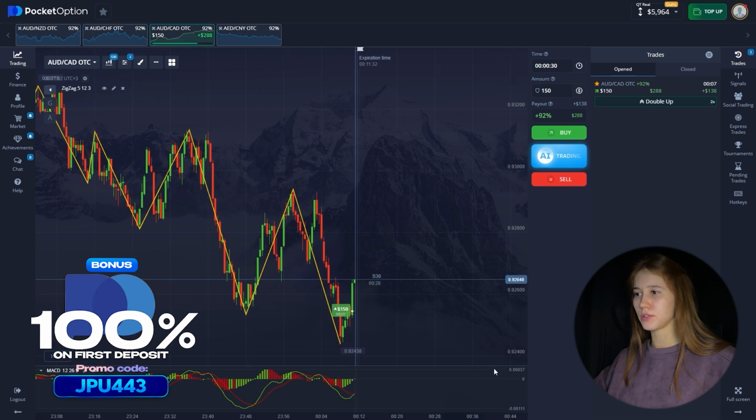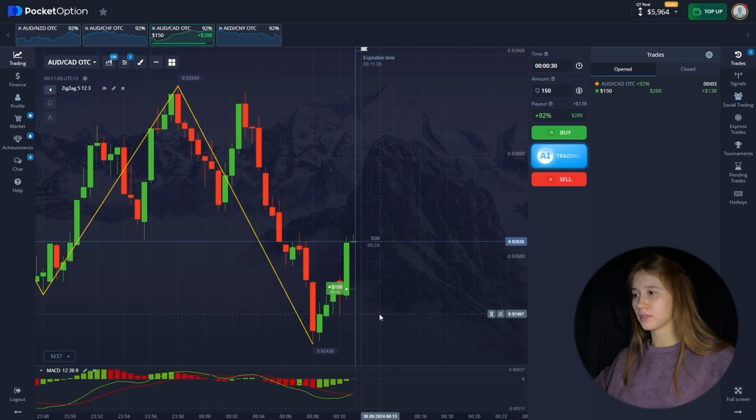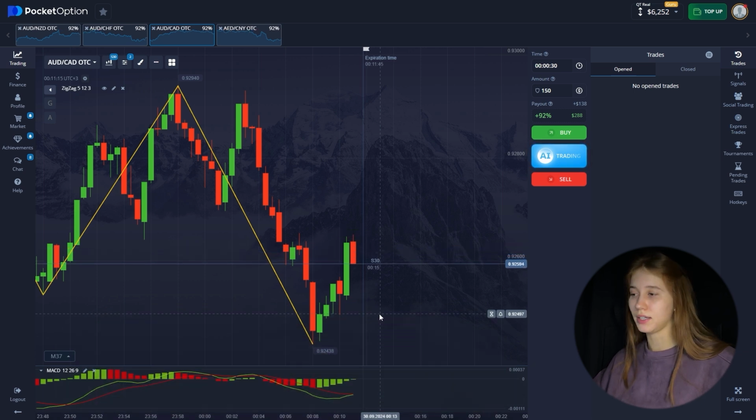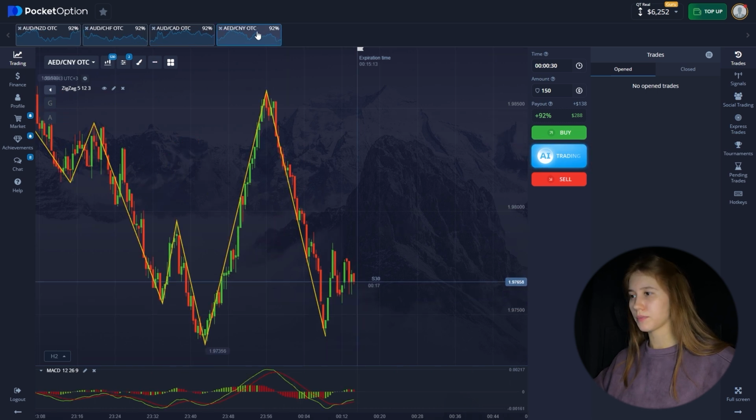This movement to this area. 3 seconds left. Yep, good, perfect. We see a plus deal. So everything is working, you see it. I repeat, the video is without cuts. You see this all. Good.